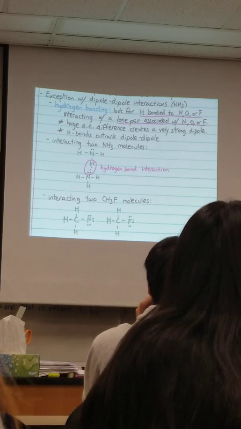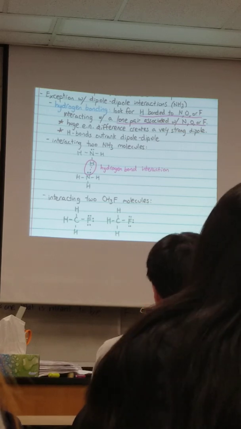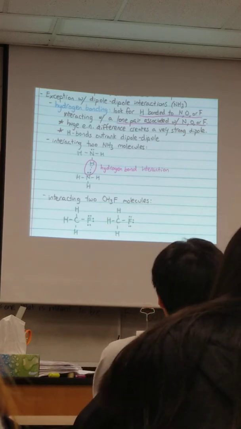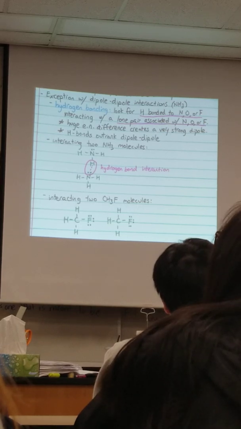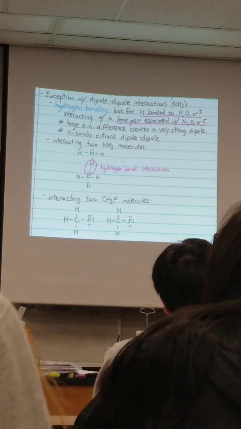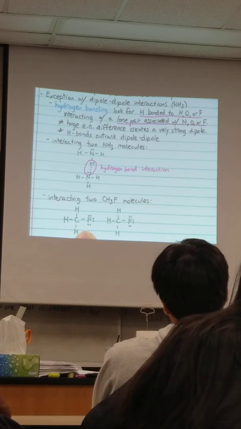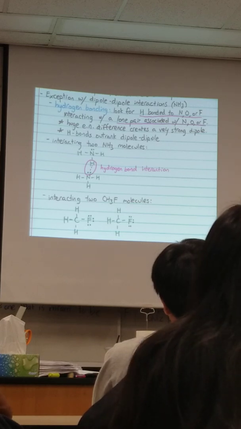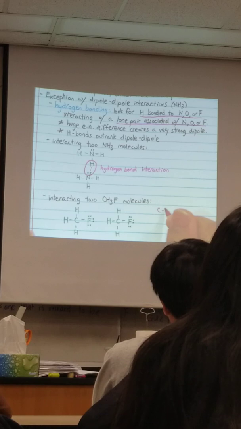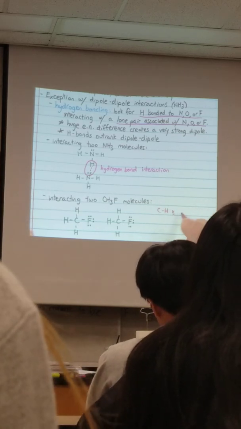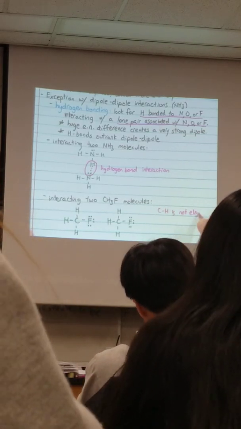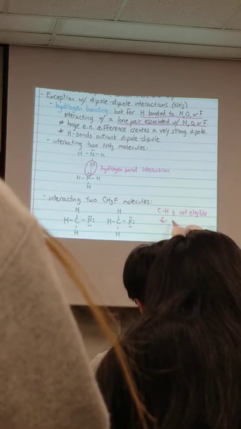It's easier in my perspective, though not necessarily for you guys, to look at the second requirement to begin. I'm looking for a lone pair associated with N, O, or F. The only lone pairs to work with are on the fluorine. Is it eligible that way? Yeah. Then let's look at the first requirement. Is H bonded to N, O, or F? Is that true? No. So C to H is not eligible for hydrogen bonding.